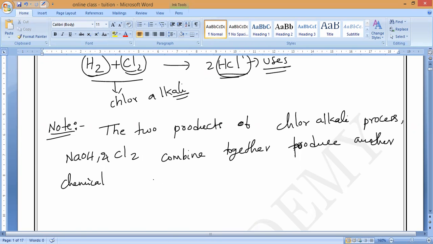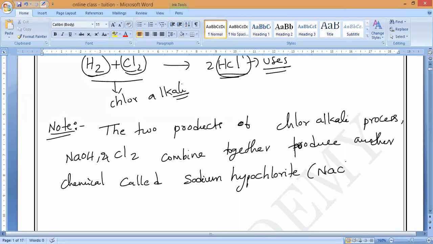This chemical is what we call sodium hypochlorite. Remember that. The formula is NaClO.